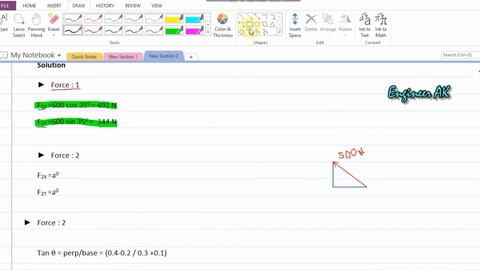Let me draw that small triangle as well. Okay, so that was something like this and this, right? And here it was 3, and this was, I think, 4.